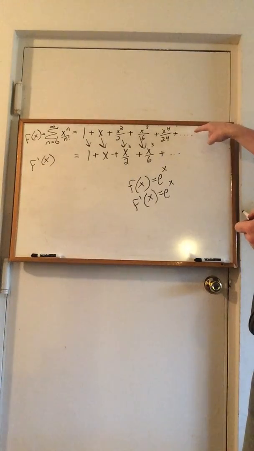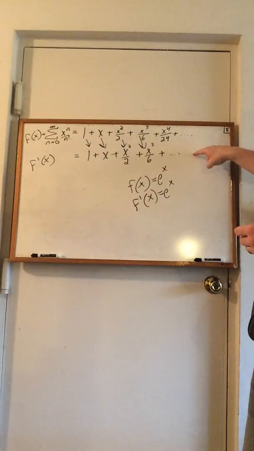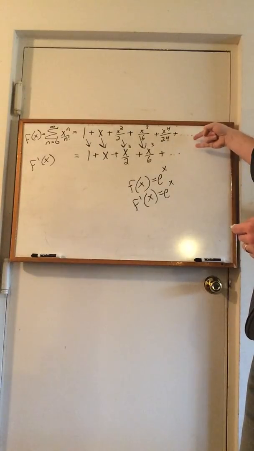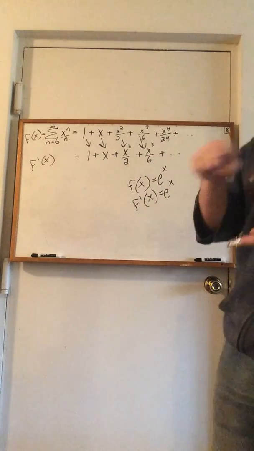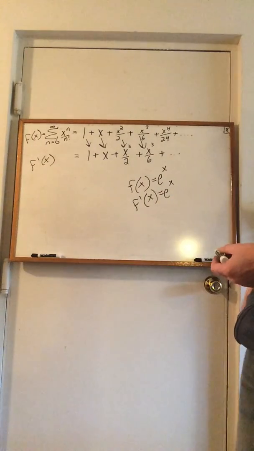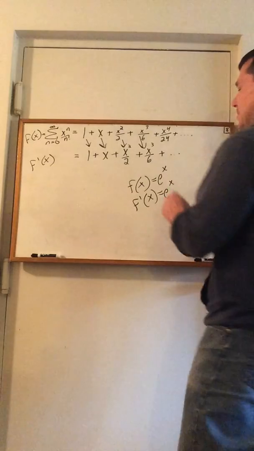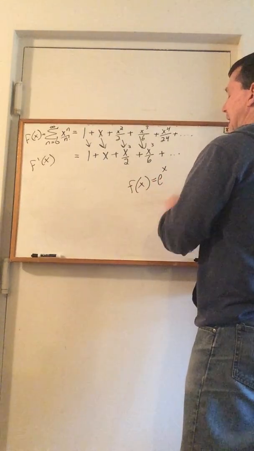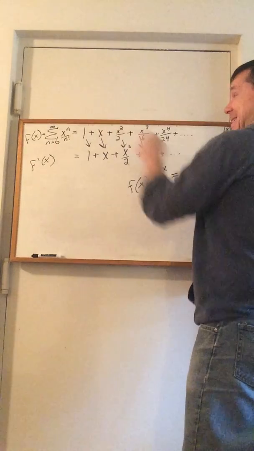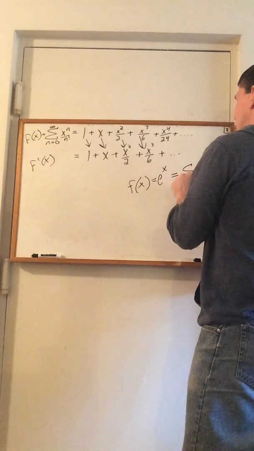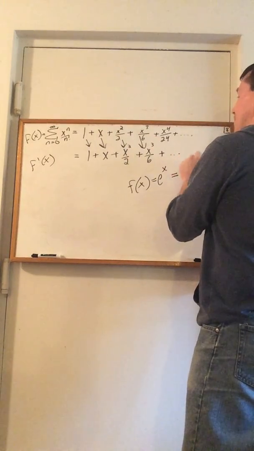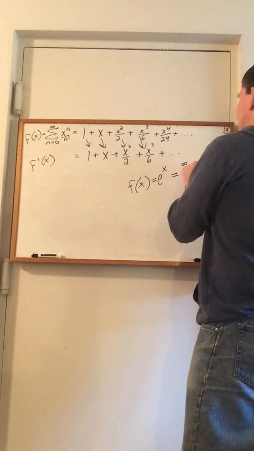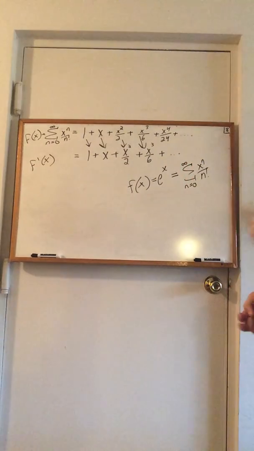But if this series has itself as its derivative, and these series are functions that are used to represent other functions, well, then it seems pretty clear that if I wanted, I should be able to write e to the x as the series n equals 0 to infinity of x to the n over n factorial.